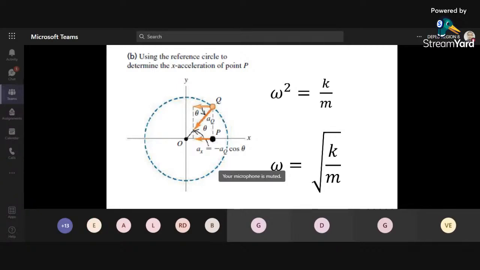So the acceleration of point P is directly proportional to the displacement x.